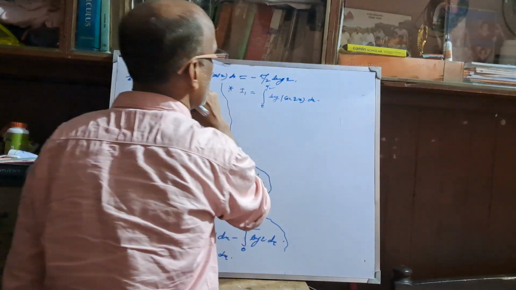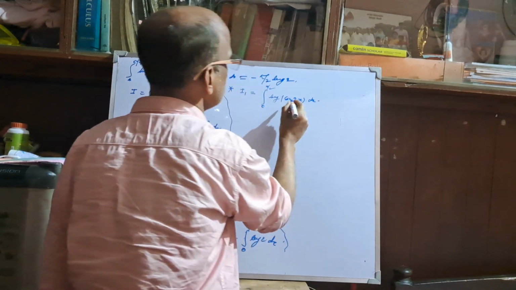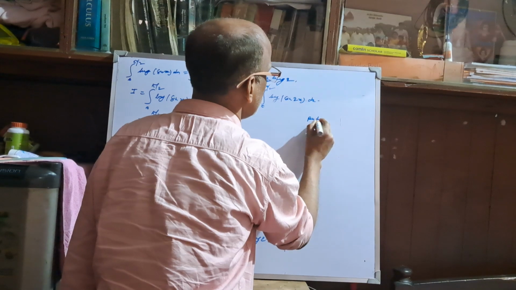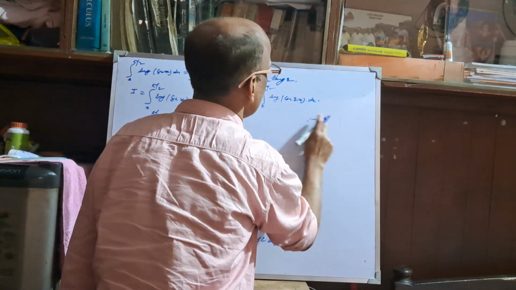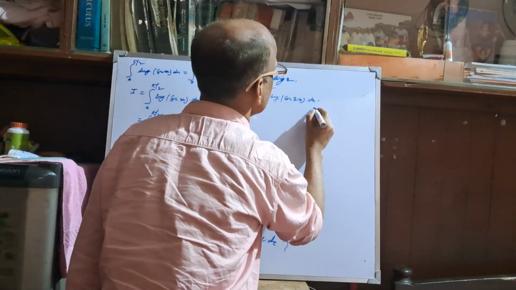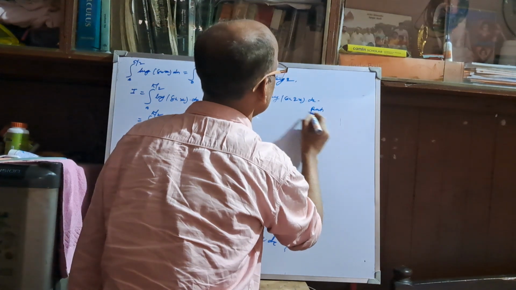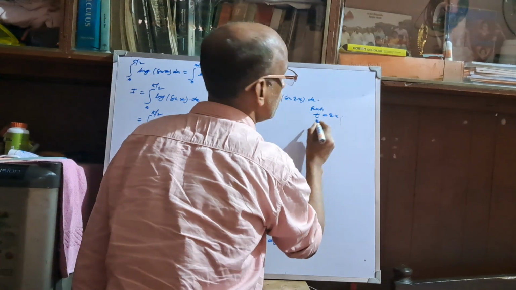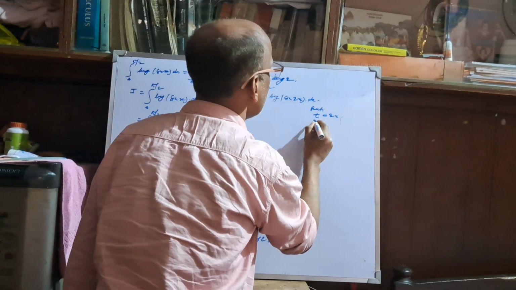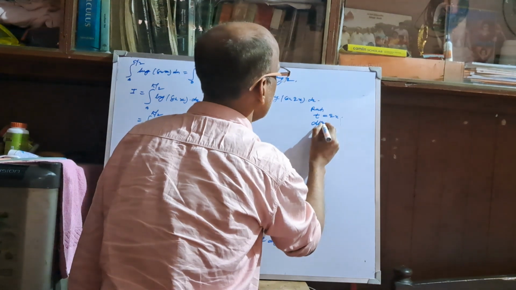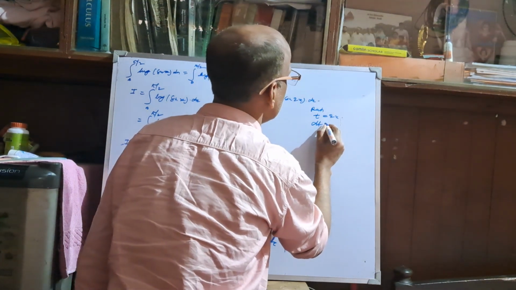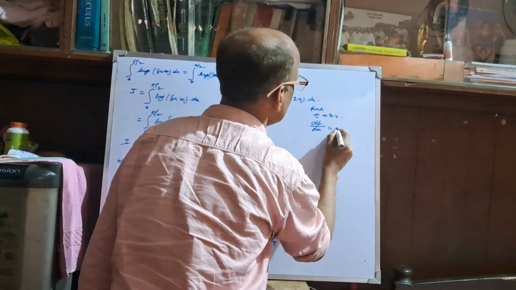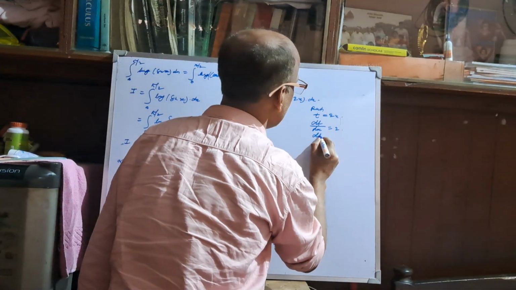Okay, so if I take 2x is equal to t, now put t is equal to 2x, so dt by dx is equal to 2, so dt by 2 is equal to dx.